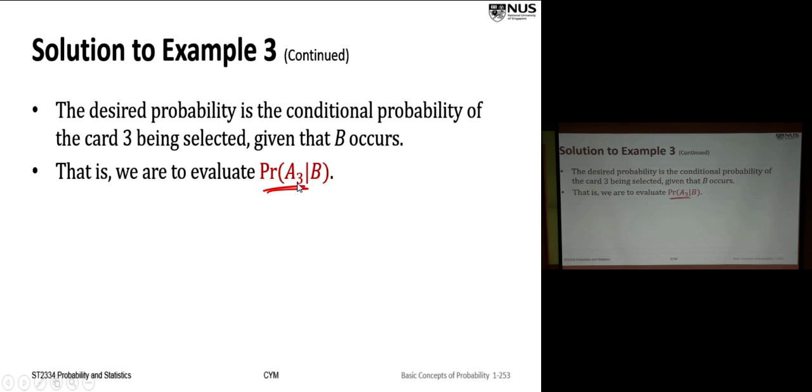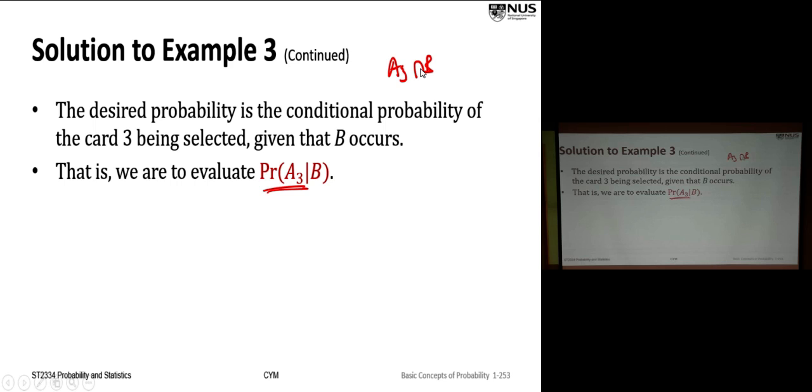Now if the upper side is a red card, then we're sure that it cannot be the card with both sides black. But what we ask is, if the top card is red color, what's the chance that the third card, I mean, the A3 happens.